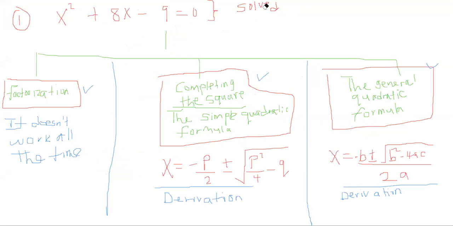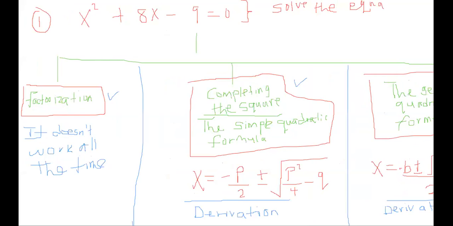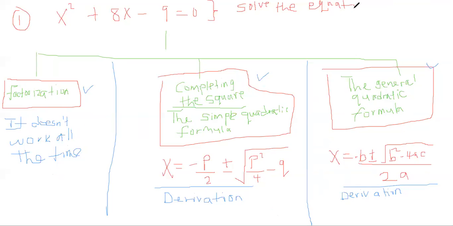Let's just say solve the equation. So the task was to solve this equation, and solving an equation, we have talked about it. It's about finding the value of the variable, that is, what is x.